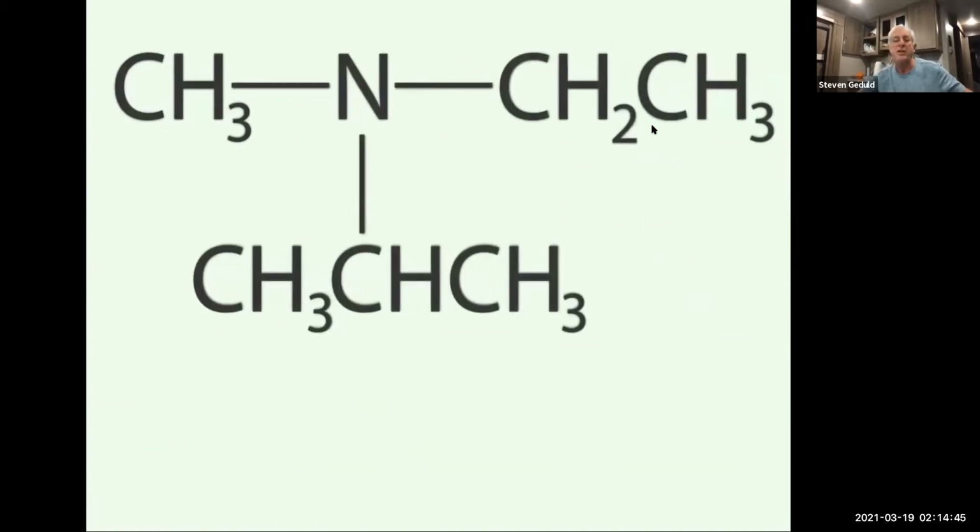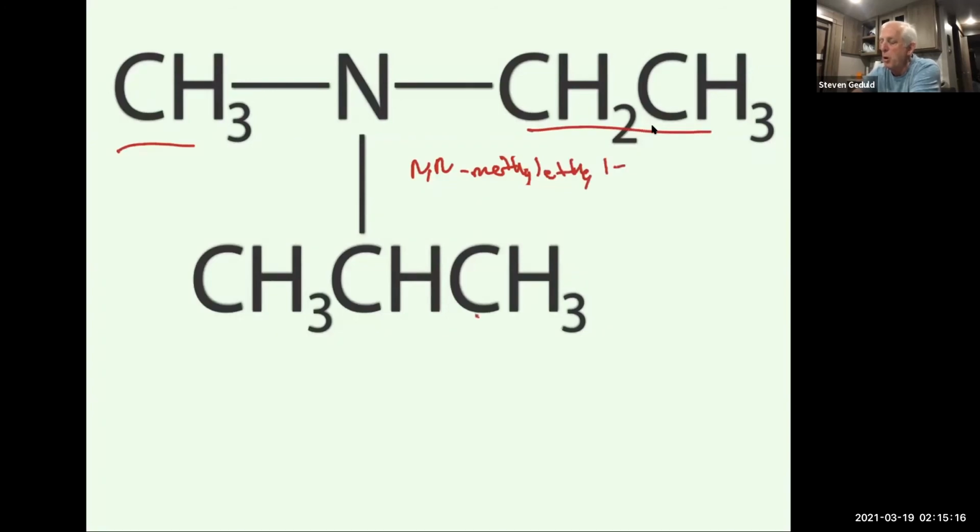All right, this is a tertiary amine. Tertiary amines are going to be named with a systematic name. We're going to have 2 N's. N, we have a methyl and an ethyl. So N,N-methyl ethyl. That names this, that names this. And then we have to name this one.